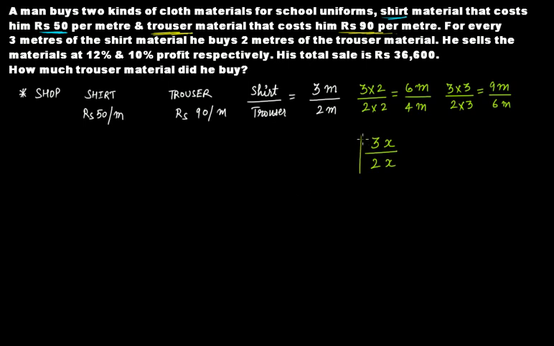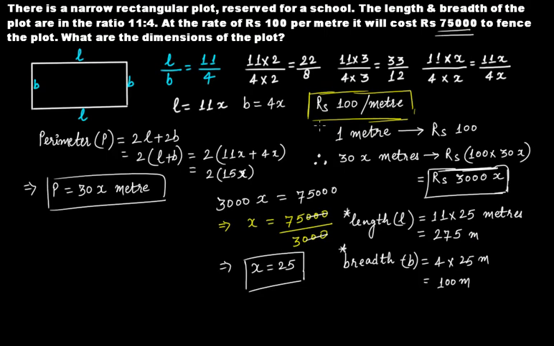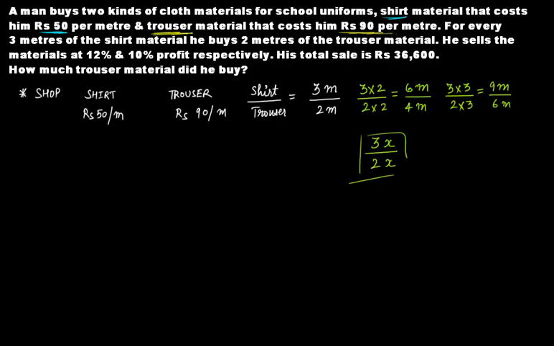This is the ratio, same as we have done here in this case, right? So this is the ratio. It means that you are assuming that you have purchased 3x meter of the shirt material and 2x meter of the trouser material.